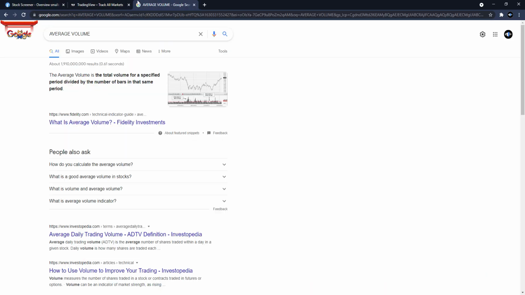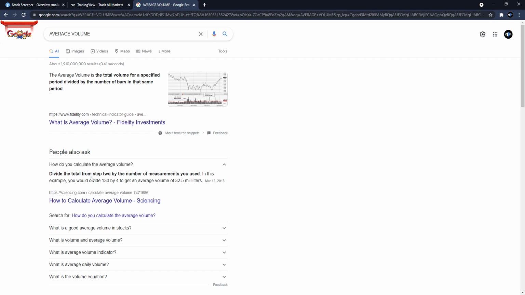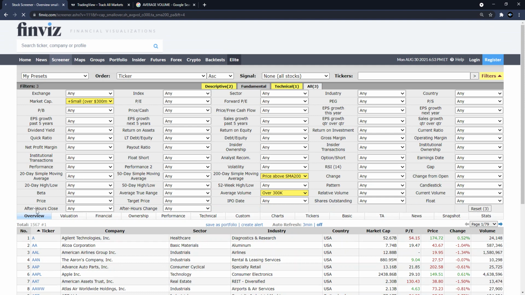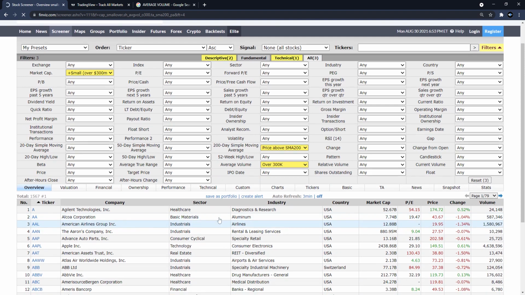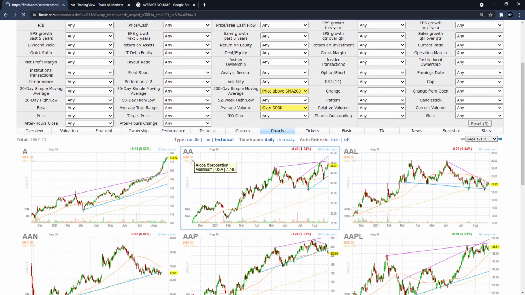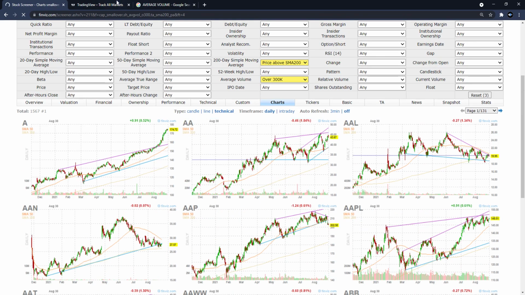What we want to fill out right here is over 300k. You'll see that we have 1,567 stocks on the radar. We use the charts so we can have additional understanding, candle charts, and let us go with the technical tab.